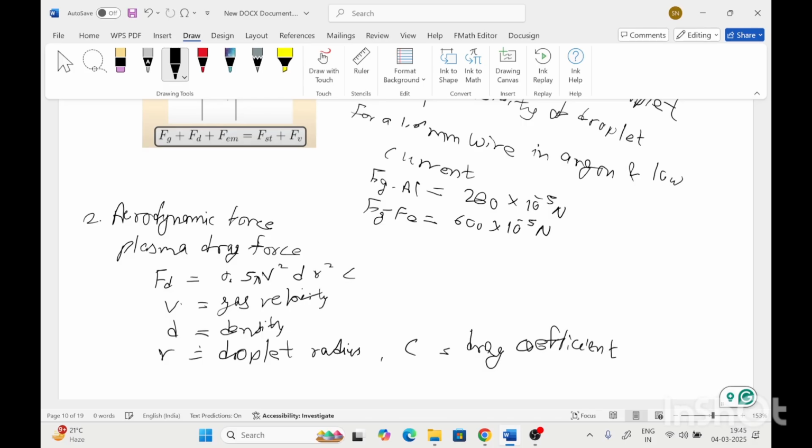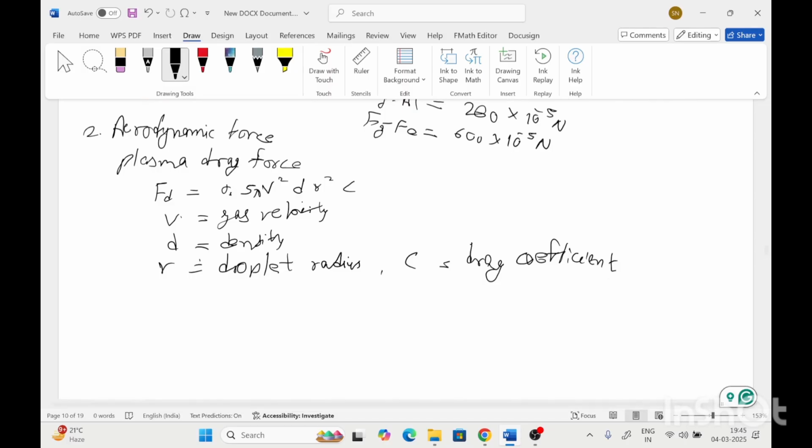And Fd is maximum with a large droplet diameter and high gas velocity.